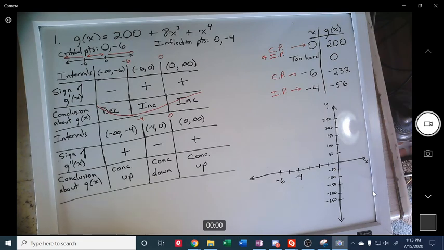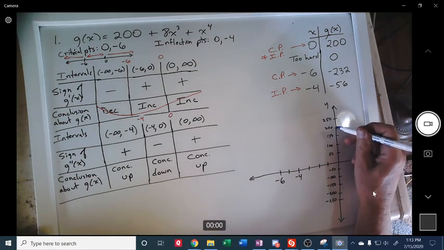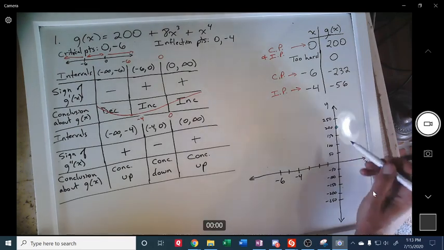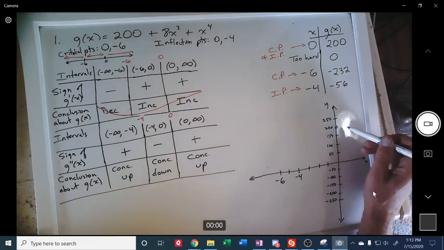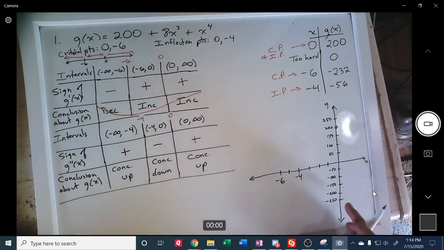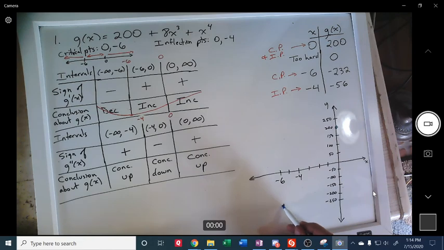Alright, and then I'm going to put these dots on my graph. 0, 200, all the points from the master table got to go in there. And that's going to be a critical point, meaning the slope is 0 as it cuts through that point. It's also going to be an inflection point. And then negative 6, negative 232, make it around here.